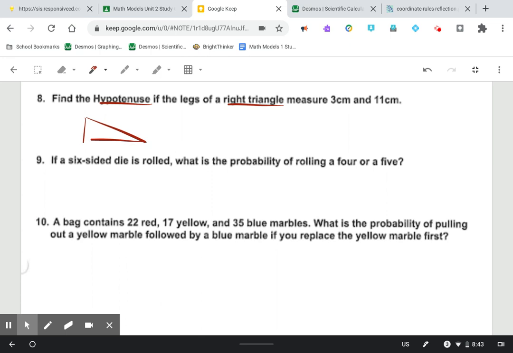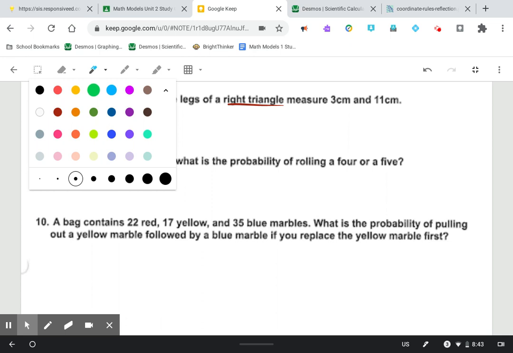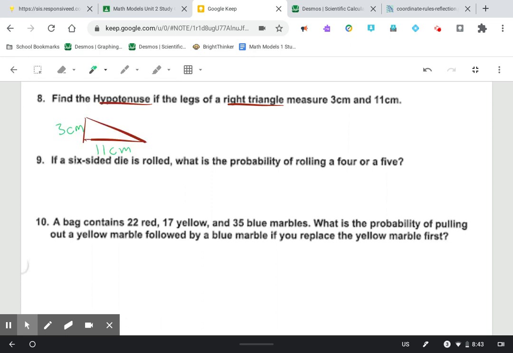It says that the legs measure 3 centimeters and 11 centimeters. So that's the first thing you need to know, where the legs of a right triangle are. Then we have our hypotenuse, which is usually represented by the letter C, and that is what we are trying to find. We're trying to find the measure of C.